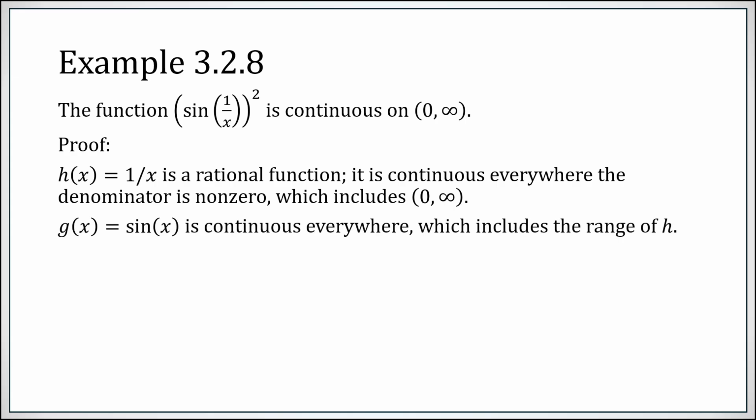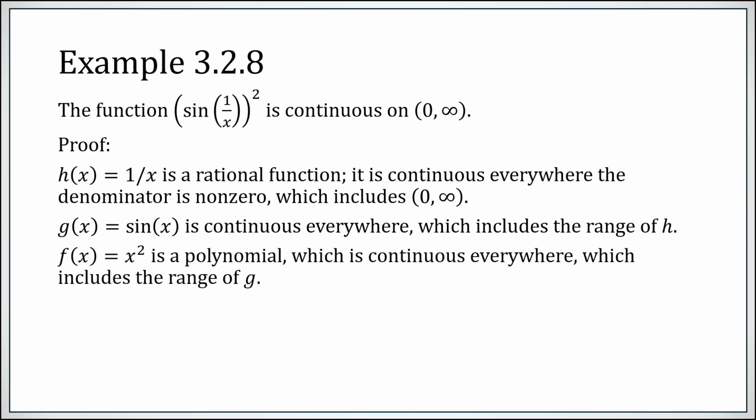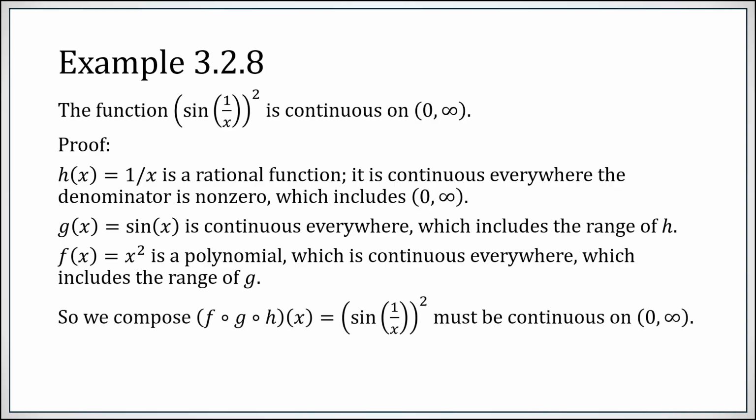The sine function is continuous everywhere. We already proved that. Therefore, within the range of h, it's definitely continuous. And the squaring function is a polynomial. We've shown polynomials are continuous everywhere. So we compose squaring with sine with reciprocal, and we have a composition of various continuous functions, which must be continuous on the interval from 0 to infinity.